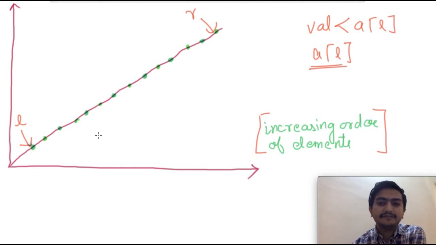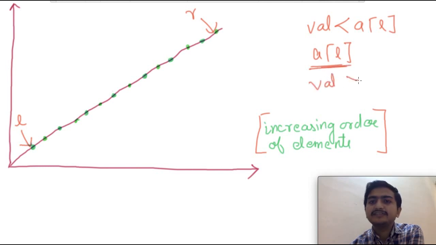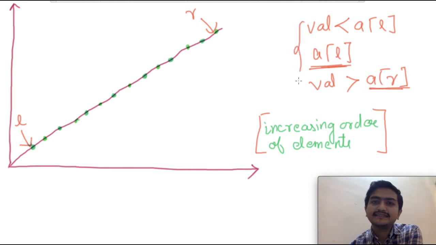The maximum closeness I can get is A of L. Similarly, if the value is greater than A of R, meaning it is greater than the largest value, then the minimum difference can only be obtained if I take A of R. So these two base cases are there.